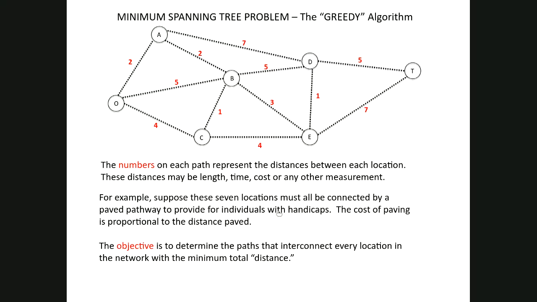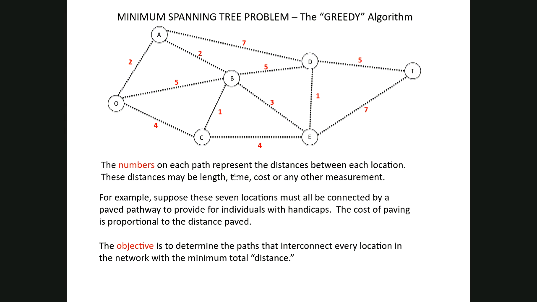For our students with disabilities, we need to make sure, in case of inclement weather, that there is a paved pathway that connects every location to every other location. It doesn't mean it has to be the most direct way to get from every location to every other location, but it's just possible to get from every location to every other.